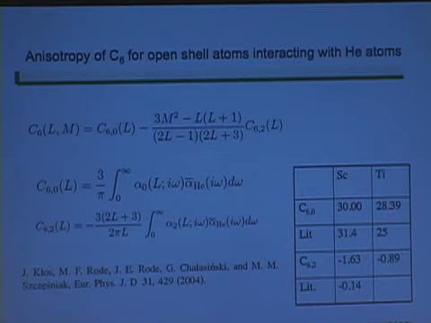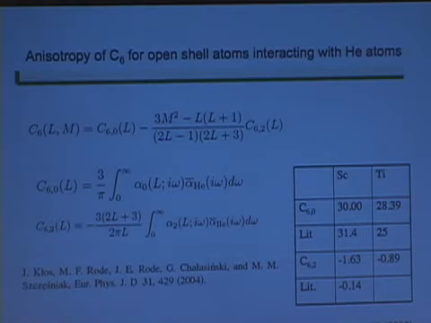Then we did the calculation of C60 and C62 for scandium and titanium, and compared to what's published in the literature in this paper. In this paper, for dispersion interactions, they use a pretty large supramolecular calculation of CCSD(T), I think, with very large basis sets.